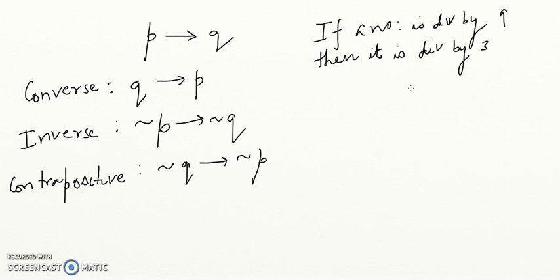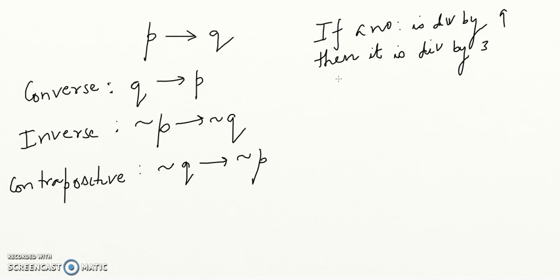Similarly, the inverse of this statement will be read as if a number is not divisible by 9, then it will not be divisible by 3. Even this statement may not be true. For example, the number 6, which is not divisible by 9, can be divisible by 3.